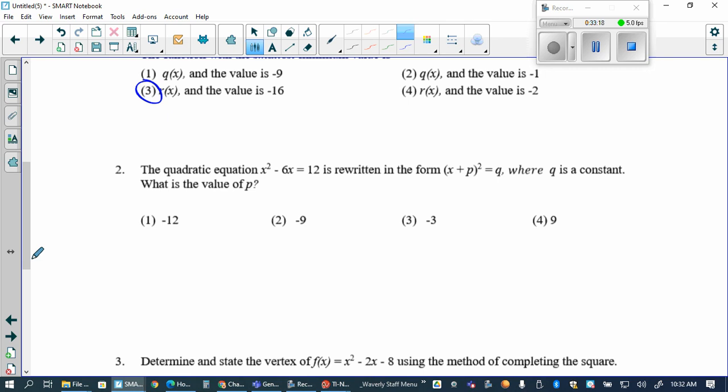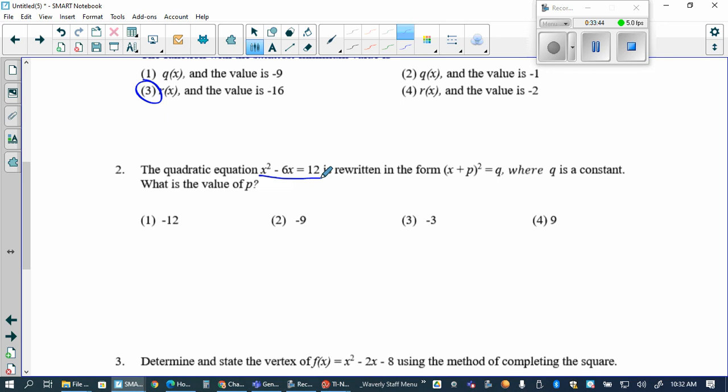All right. We're going to complete the square, but there's one little difference in this one. Do you notice anything different about this? It equals 12, right? So what we have here is an equation, right? And when we complete the square, what do we add? B over 2 squared, right? And then we usually do what immediately?